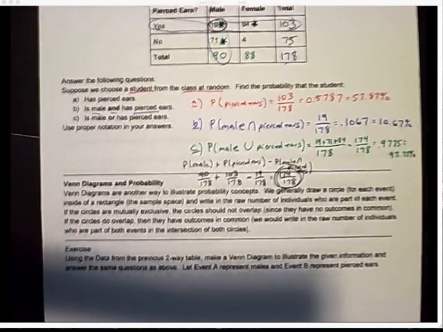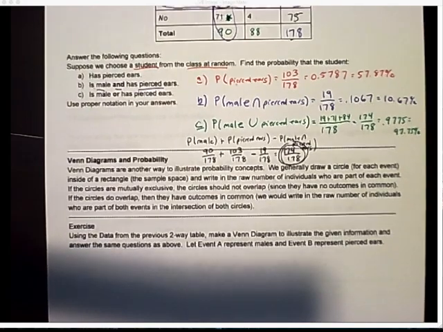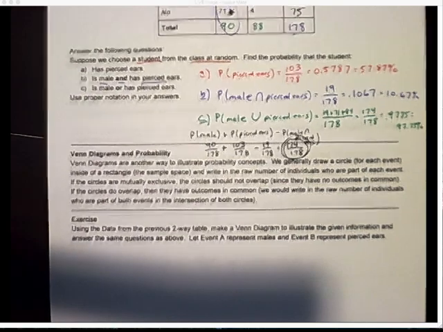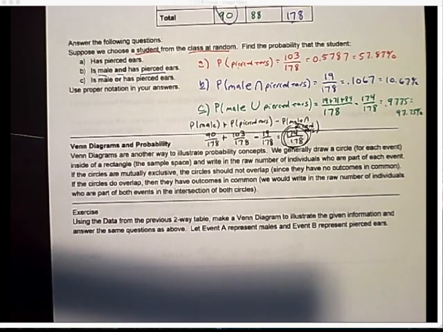So other than a two-way table, sometimes it's nice to look at Venn diagrams because Venn diagrams can convey the same information. All right. When we draw a Venn diagram, we generally draw a circle for each event inside a rectangle, which is the sample space, and write in the raw number of individuals who are part of each event.